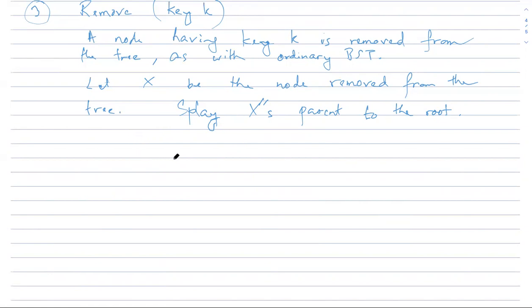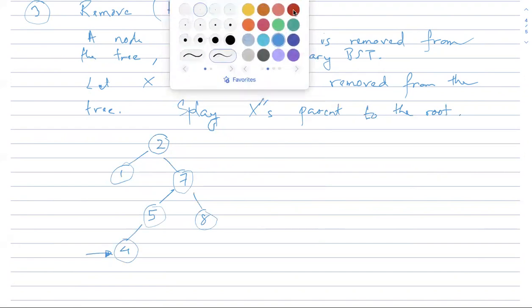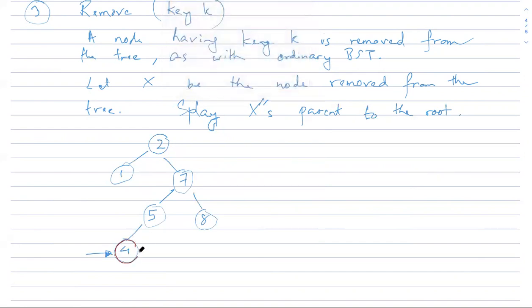So if you have to take an example, you can see 2, 1, 7, 5, 8, 4, and suppose we are trying to remove 4. So this is what is getting removed.